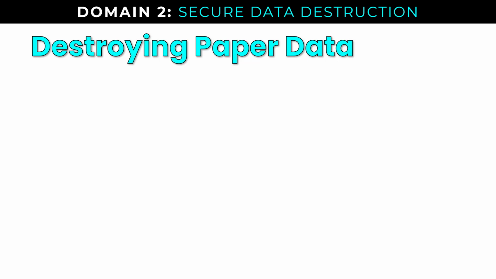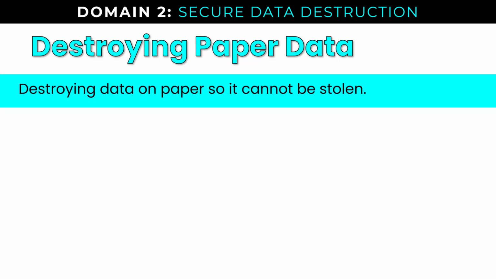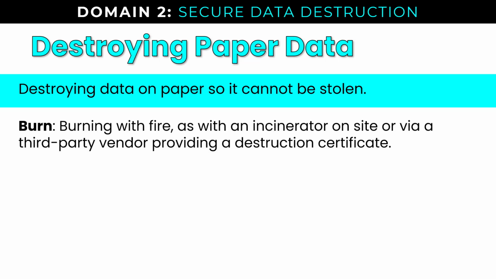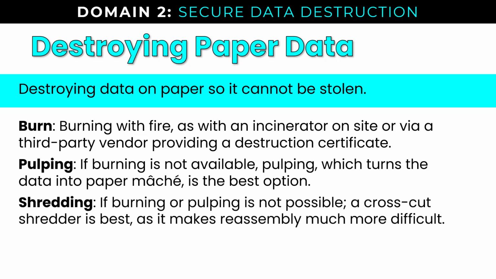Destroying paper data. These are listed in approximate order of efficacy. It's destroying data on paper so it can't be stolen. So burning with fire, as in an incinerator on site or via a third-party vendor, providing a destruction certificate. Pulping. If burning isn't available, pulping, which turns the data into paper mache effectively, is your best second option. And then shredding.